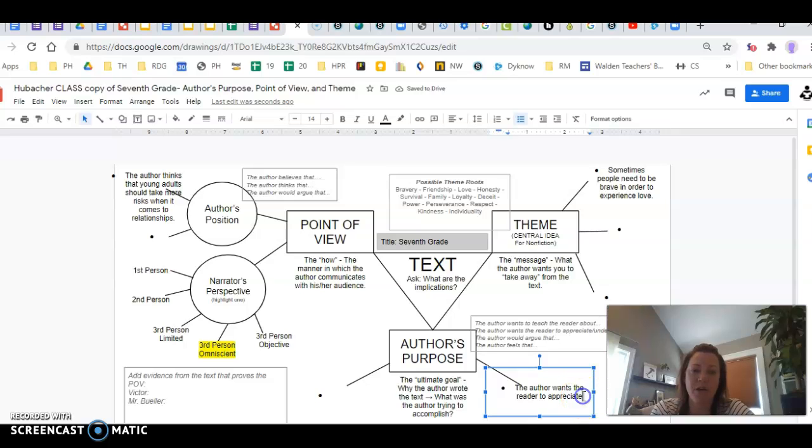If you think about it, not only did he write the story about Victor, Teresa, and 7th grade, but he included the teacher, Mr. Bueller, and he included Mr. Bueller's thinking. And if you remember that paragraph that we looked at on the Pear Deck, Mr. Bueller flashed back.